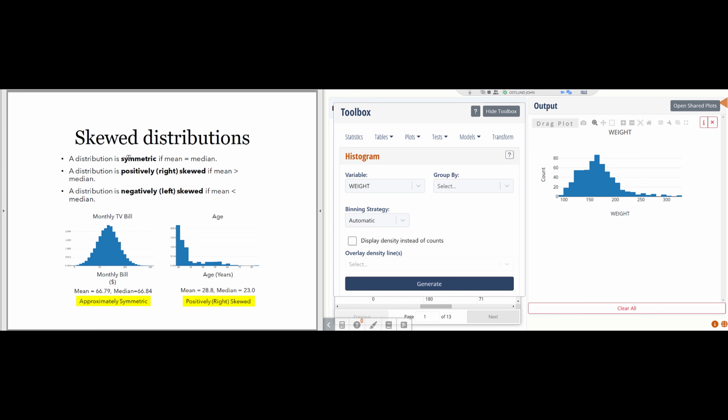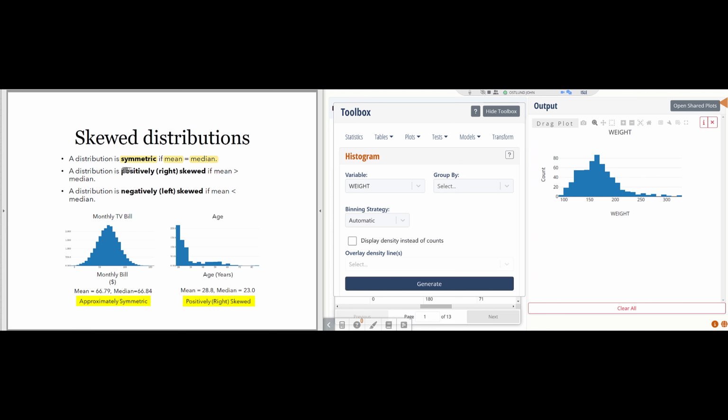So, we call a distribution symmetric if the mean and the median are the same. That is, given the mean, if the number of observations below the mean and the number of observations above the mean are about the same, then the median will be the same as the mean, and that creates a symmetrical kind of distribution.